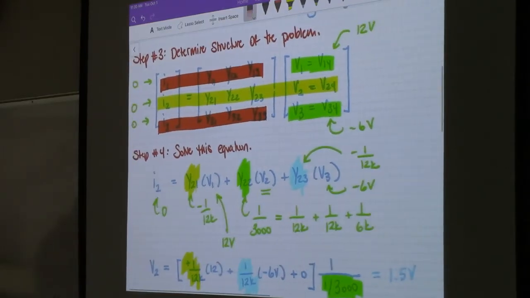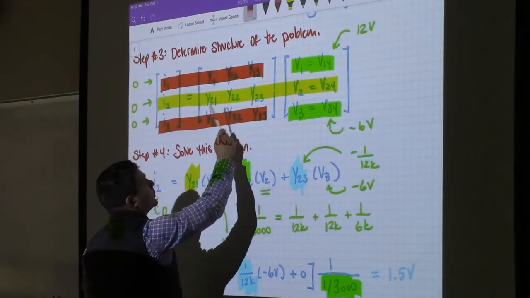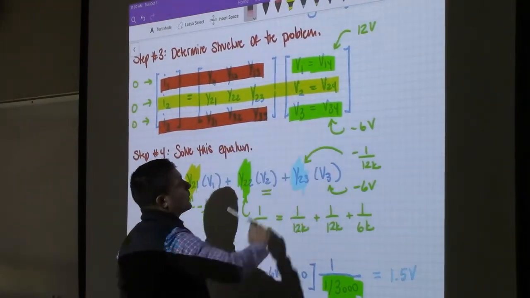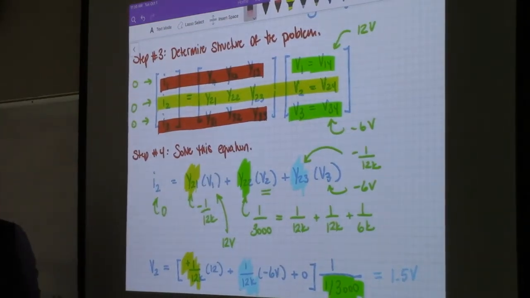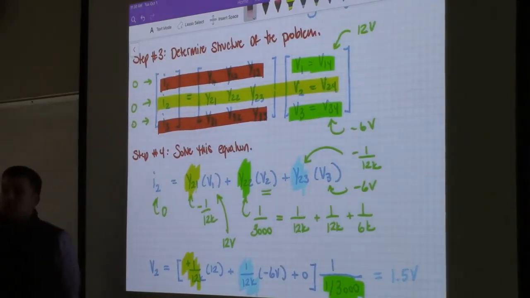And that is going to be equal to Y21 times V1, Y22 times V2, Y23 times V3. Because this is only one equation, we don't have to put it back into a matrix form in order to solve.